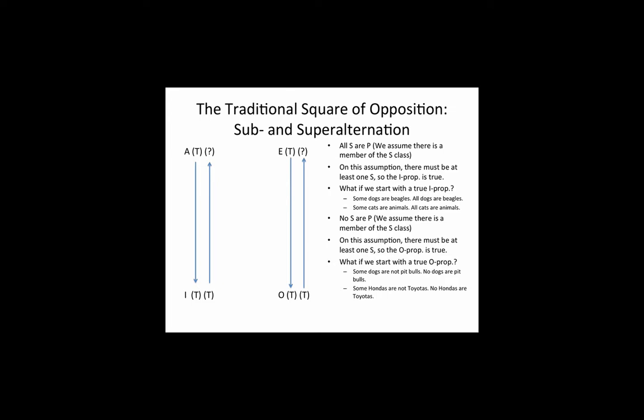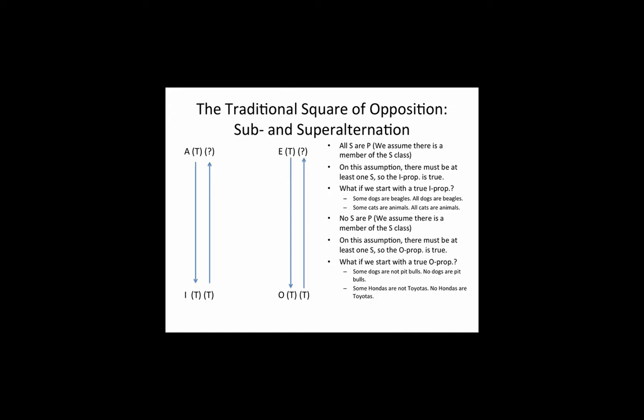Well, we just saw two examples where, when starting from an I proposition that's true, we sometimes get a true A and we sometimes get a false A. In other words, we're dependent on looking at the content in order to understand the inference. And since in logic we want to avoid looking at the content to see if the inference is legitimate or not, we will say that we cannot infer the superaltern from the subaltern.